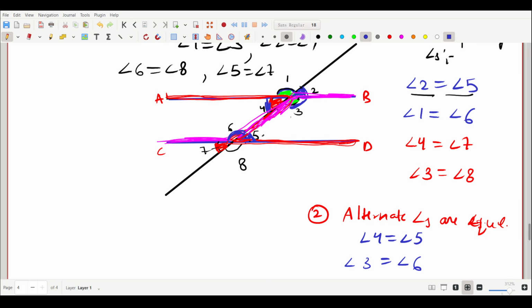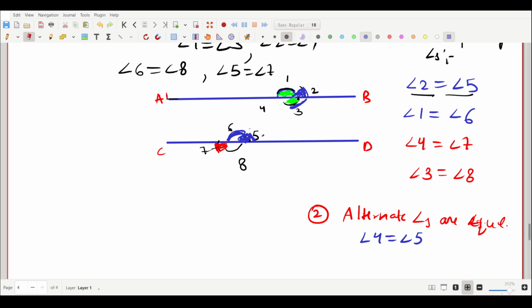This was the alternate angles are equal property. Then comes co-interior angles. So let's talk about that now. Let's reduce some of the mess and then let's see the co-interior angles also. Okay.